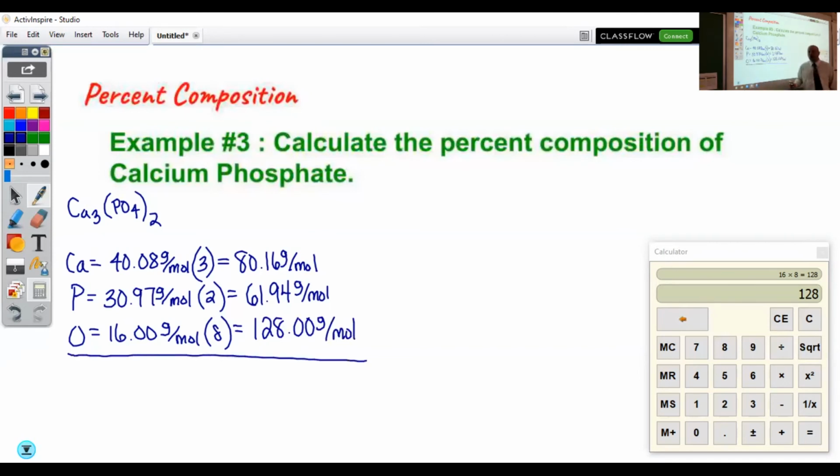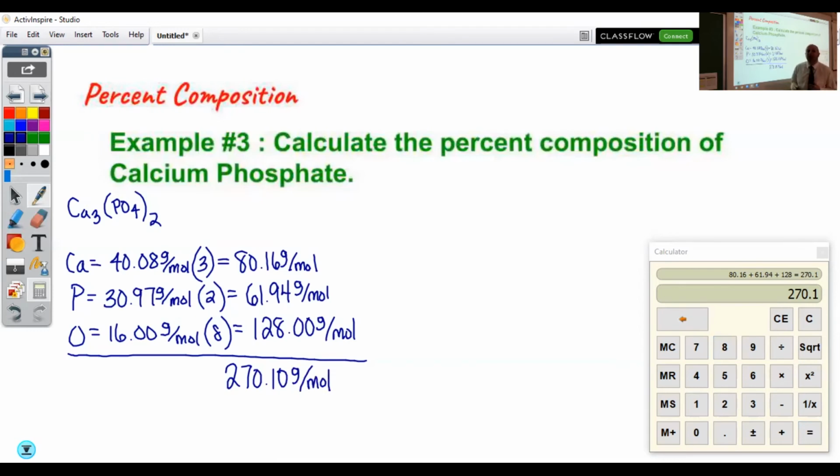We're going to add up all of our values. So 80.16 plus 61.94 plus 128. So we get a total molar mass of 270.10 grams per mole.